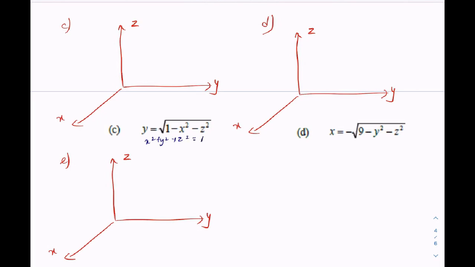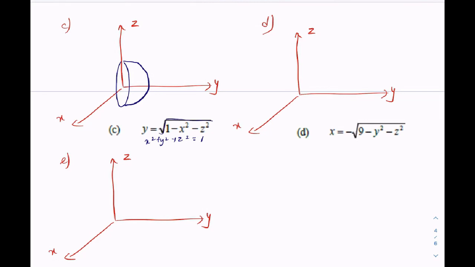The base is a sphere with radius 1, but at the positive y only. Okay, positive y only. Why positive y? Because the square root is positive, not negative square root.